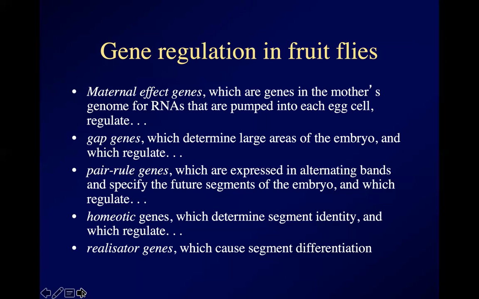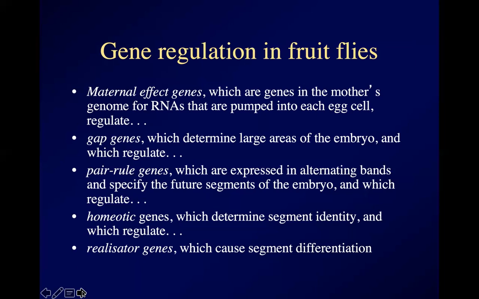Well, that messenger RNA is translated into protein in the embryo, and the proteins that it makes regulate a second type of gene in the embryo this time called the gap genes.